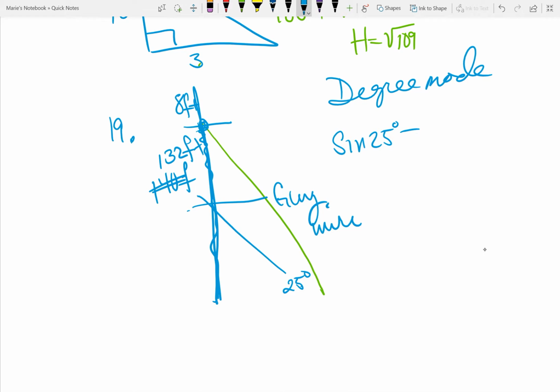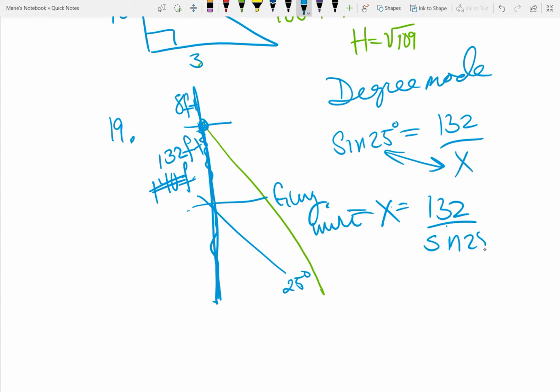So sine 25 is equal to, in this case, 132 over the guy wire. And we know we need to swap these, right, to solve. So x, being the guy wire, is equal to 132 over sine of 25 degrees, which is going to give us answer choice B. It should be 312 point some decimals.